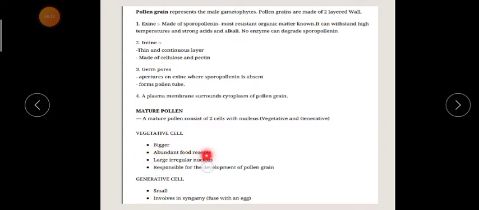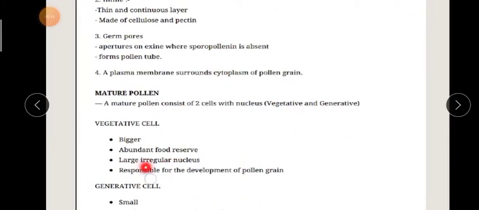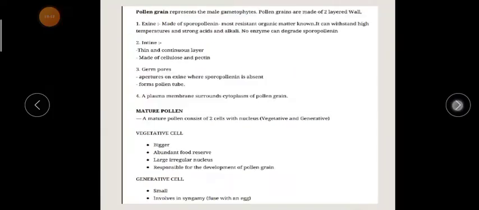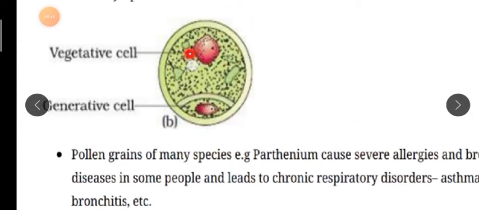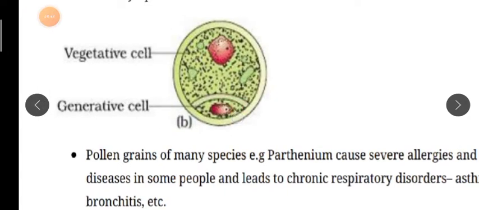In this diagram, this bigger portion is your vegetative cell, and this smaller portion is your generative cell. This bigger red portion is your vegetative nucleus, and this smaller red portion is your generative nucleus.